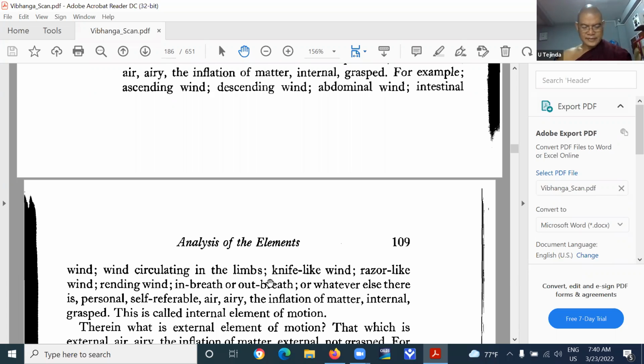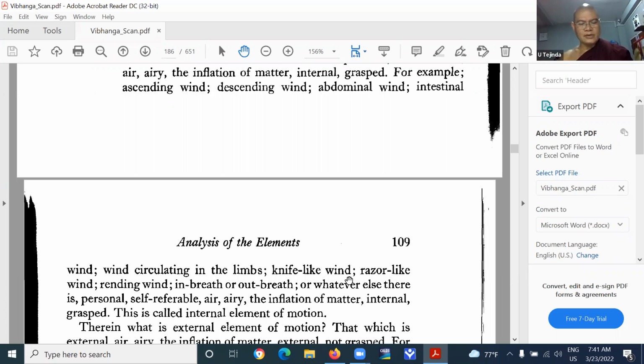That kind of wind. Satka Wata, knife-like wind. This wind, my mother died with this wind. You see, this wind cuts the nervous system. When the nervous system is cut, the being dies.